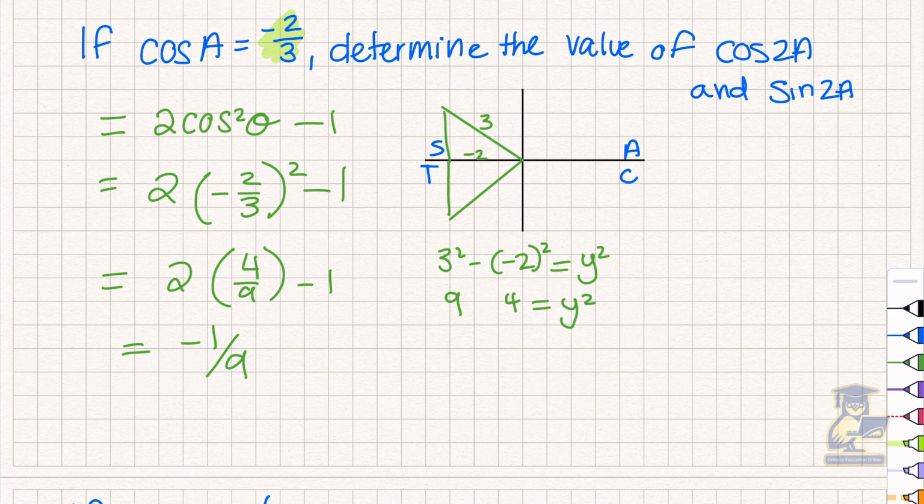Sorry, this is a minus. And then we have 5 equals y squared. So this can be plus or minus. So y is equal to √5.